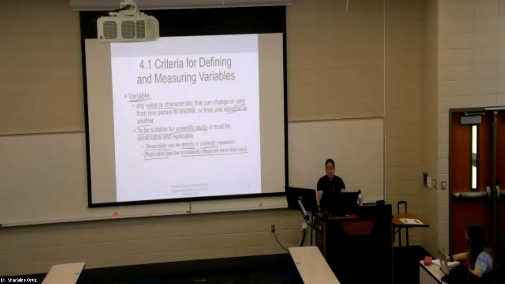If I'm only able to observe that one time, am I actually able to replicate? If I conduct a study like that and I was only able to observe this variable once, then say Dr. Countryman wouldn't be able to replicate my study because she would not be able to observe that variable again, right? So then we have to worry about issues of validity and aspects of that nature.